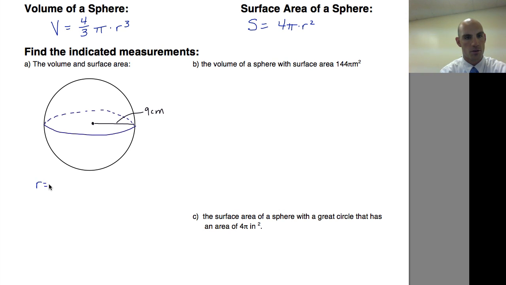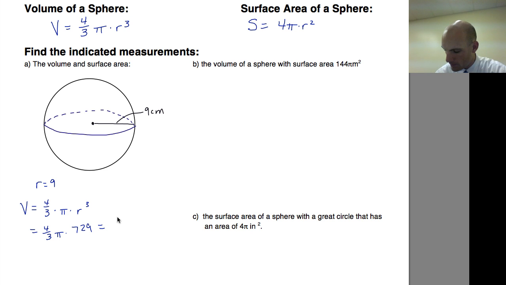So R equals 9. So when I go to find the volume, 4/3 times pi times radius cubed equals 4/3 pi times, and now radius cubed, so that's 9 to the 3rd power, 729, and watch how I do this.